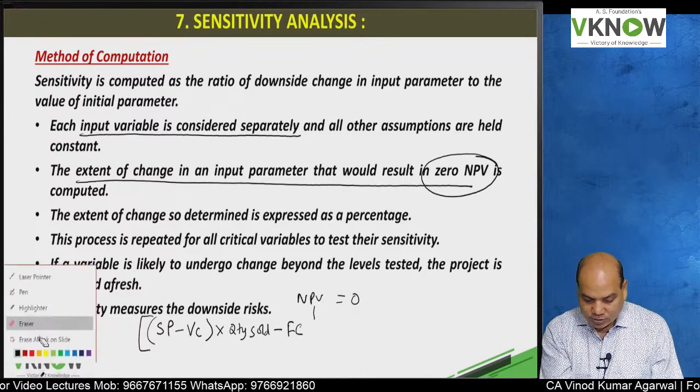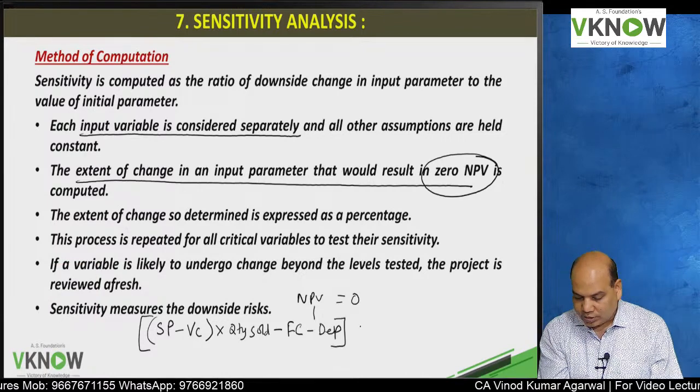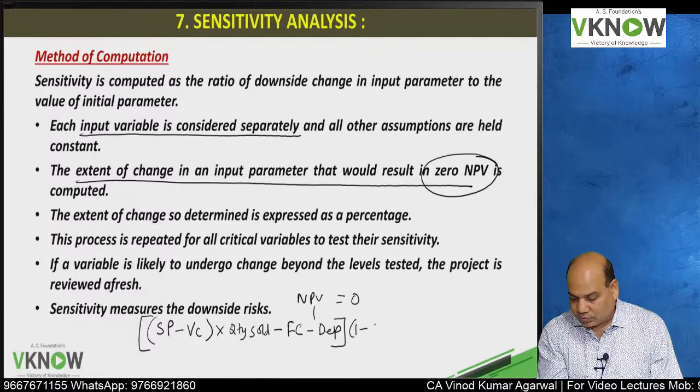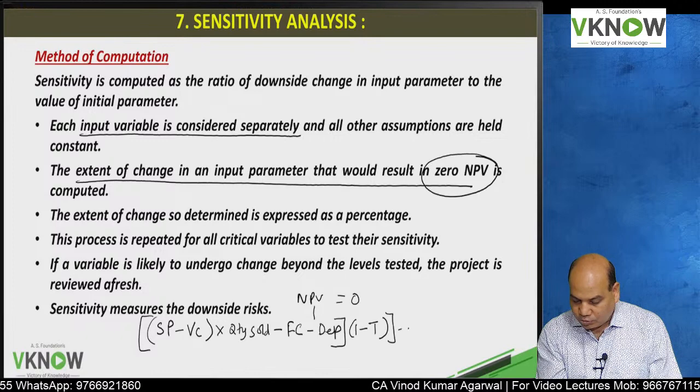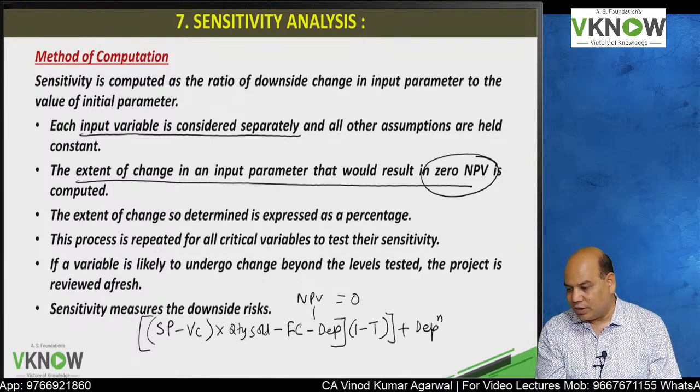If you have depreciation, then minus depreciation, that will give you PBT, and that you multiply by 1 minus T will give you PAT, and you will add back depreciation, you will get CFAT.